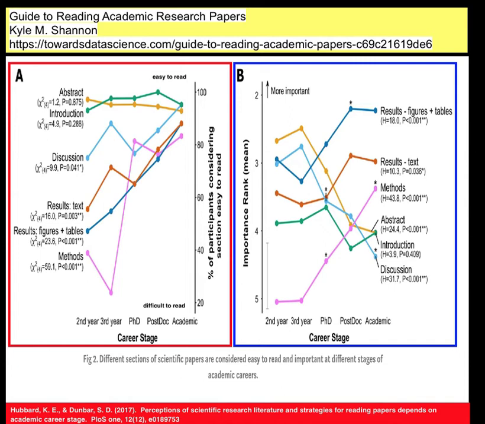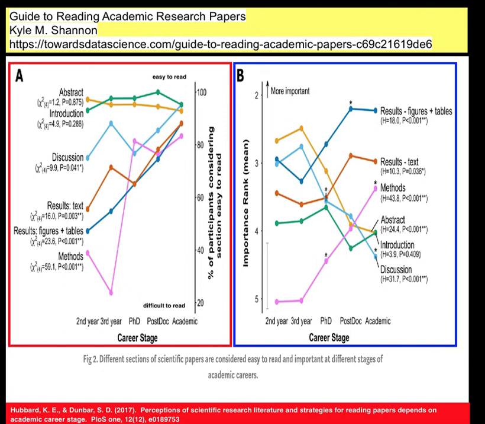This figure is from a 2017 scientific paper. If you look at the red box at the very bottom of the screen, it'll give you the citation. And it addresses doctoral students' perceptions of the ease or difficulty of reading various sections of a research paper, such as the abstract, the introduction, the discussion, etc., when it is contrasted against their progress in their doctoral program.